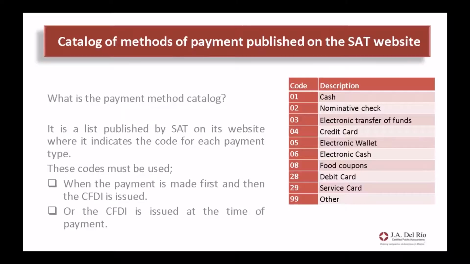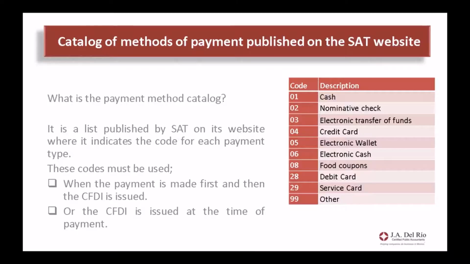For example, we have 01 for cash, 02 for nominative check, 03 for electronic transfer of funds, etc. You will see at the bottom that there is the code 99 for other. This other code is for a type of payment that is not included on this list.